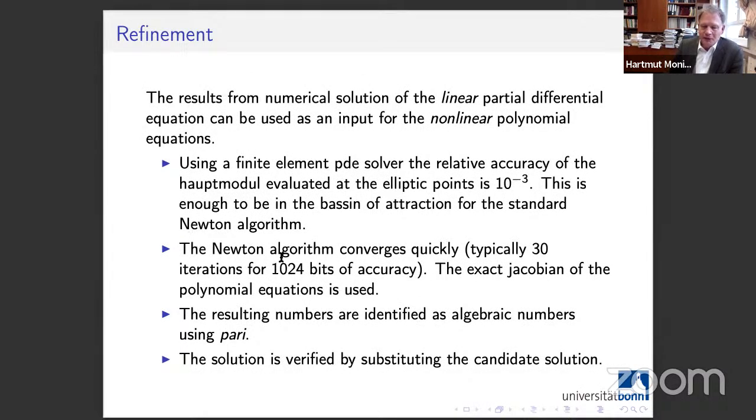Now then, what you do is you take a Newton solver and solve the algebraic equations by calculating the Jacobian of your algebraic equation and linearize that. So you get a linear equation again, and you solve that to get a better approximation. And that is basically the Newton algorithm for the algebraic equations.